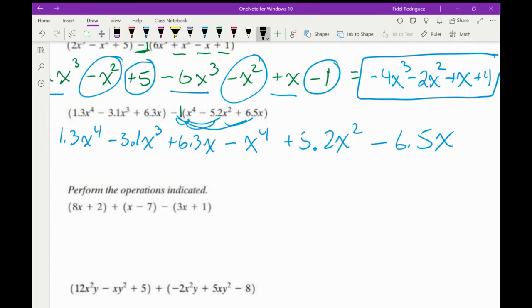And so now I'm going to worry about combining my like terms. So 1.3x to the fourth, I can think about that as a minus 1x to the fourth, will leave me with a 0.3x to the power 4. This is the only x to the third that I have, so I'm just going to write it down.